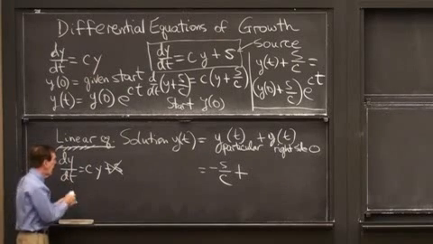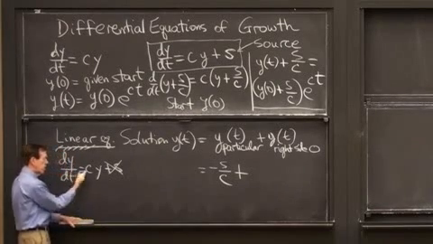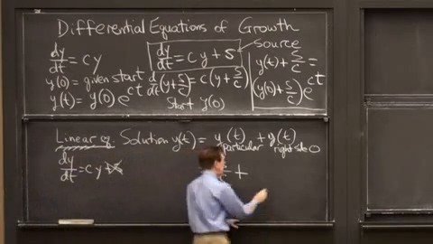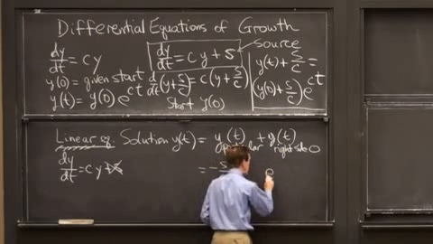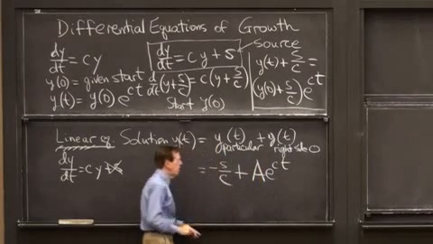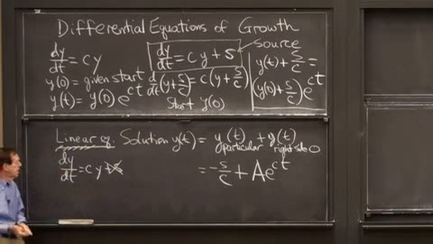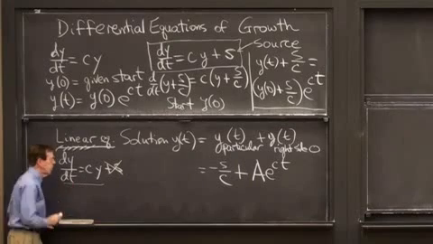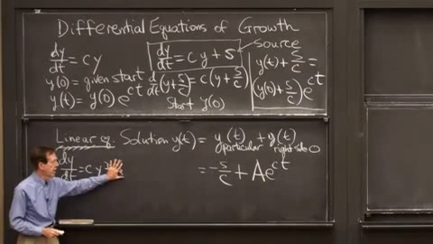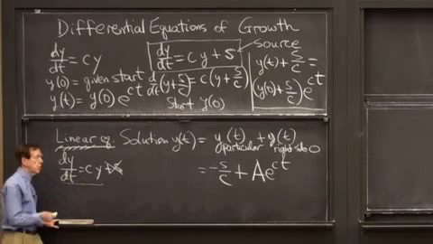So what's the solution to that? The solution to dy/dt equals cy is e to the ct, and any a times e to the ct will solve my simple equation. Once I've knocked out this s, if y solves it, then a times y solves it.